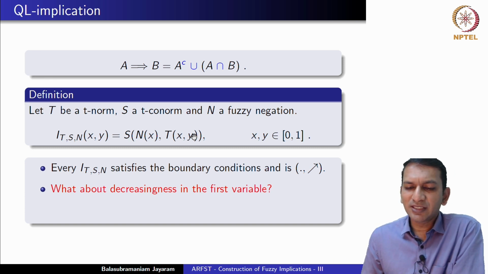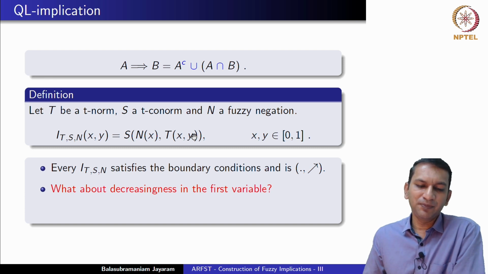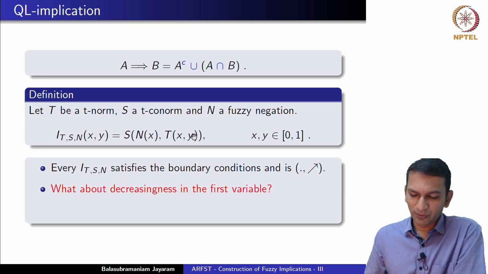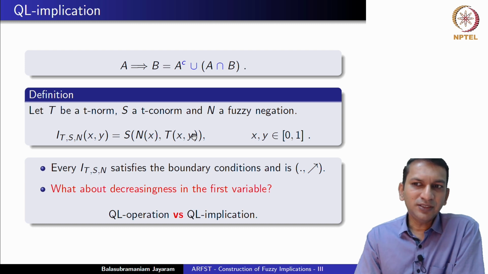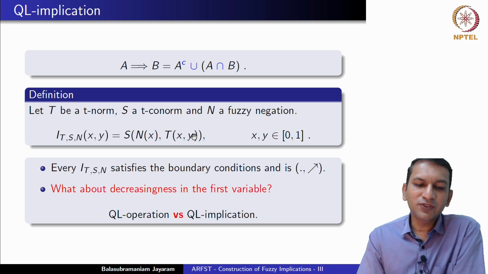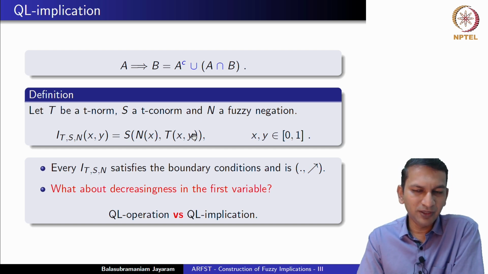So this leads us to discussing this function in two different ways, as a QL operation alone versus a QL implication. What is the difference? A QL operation does not satisfy decreasingness in the first variable.